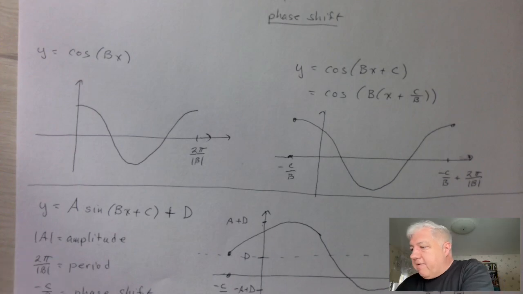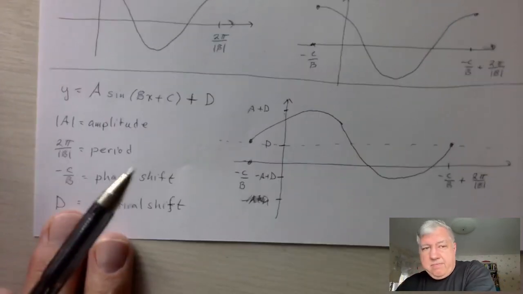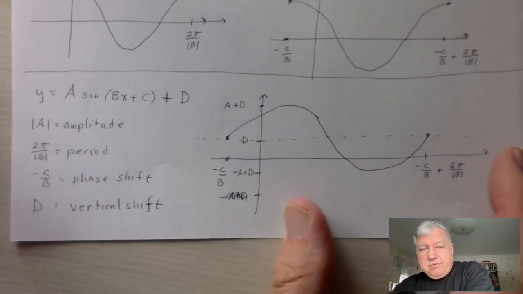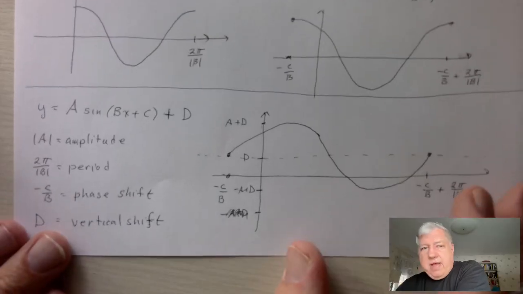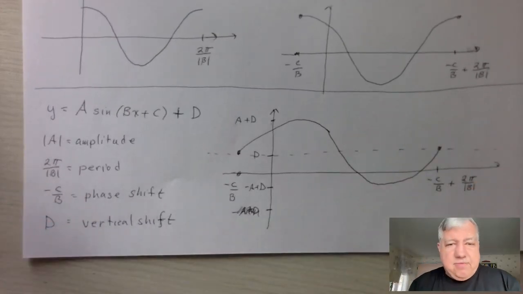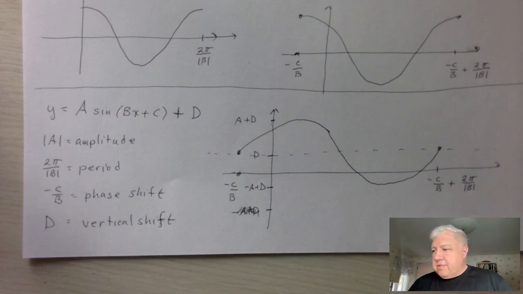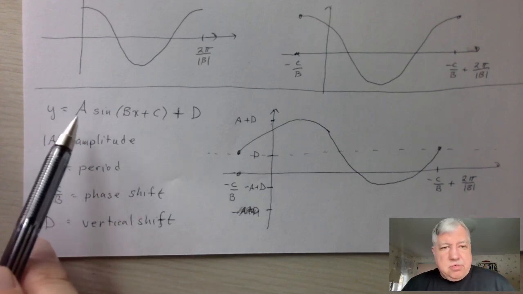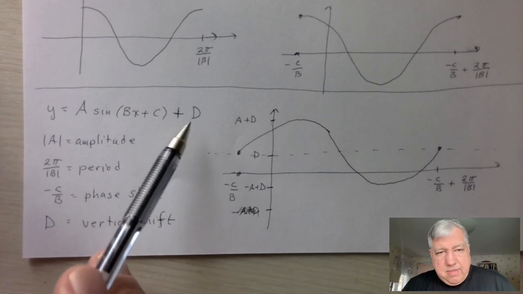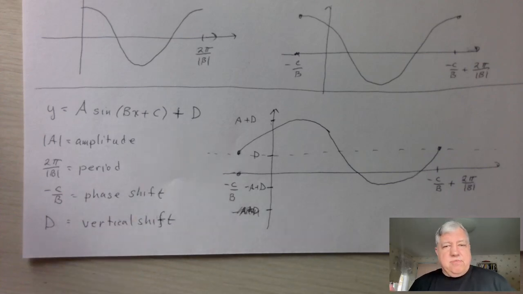Now, if we put everything together with other stuff we've learned, we are in a position where we can graph functions whose equation is in the form a times the sine of bx plus c, plus d. Just remember, a determines the amplitude, and d is the vertical shift.